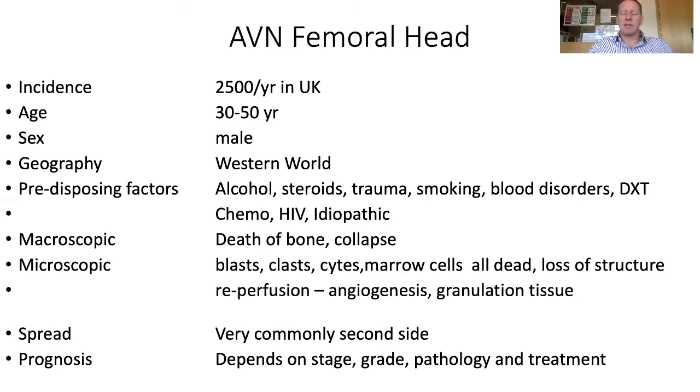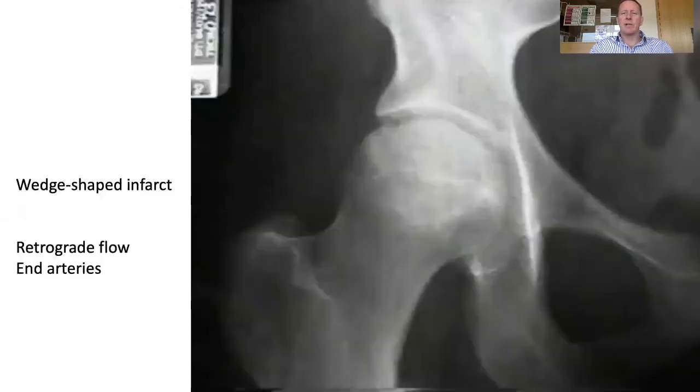But there are continual attempts at healing, and that's why there's granulation tissue at the edge of the infarct. The prognosis, of course, depends on the stage, the grade, the underlying pathology, and the treatment that you decide to embark upon.